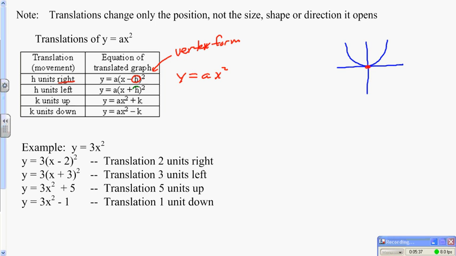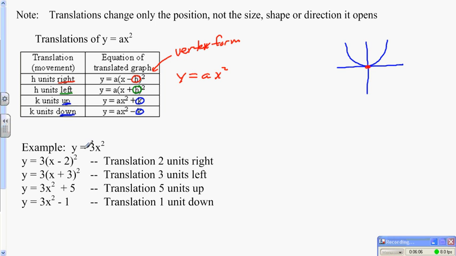When you add a value, it's moving it to the left. Again, quite the opposite of what you would think. If you are not inside the parentheses, in other words, not affecting x, but away from x squared, and you are adding a value, it does as it should. It moves the graph up. If you subtract a value, you move it down.